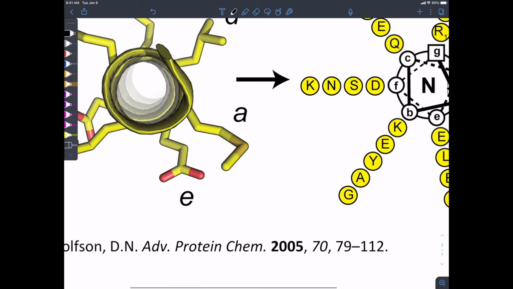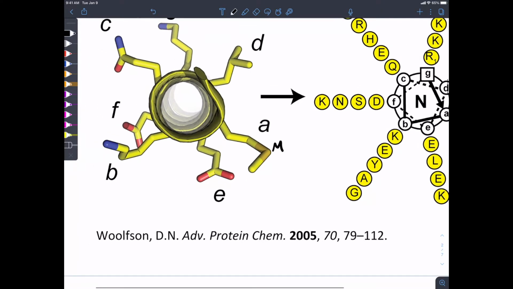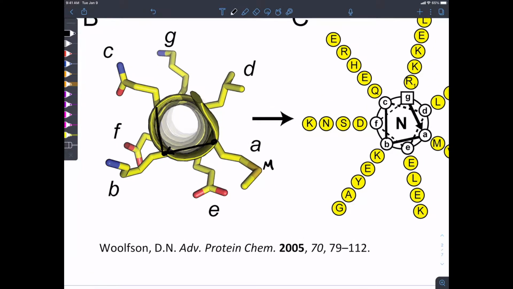So this is that methionine residue, and we go from A to B, then C, then D. So the D and the A positions are separated by 4 amino acids.